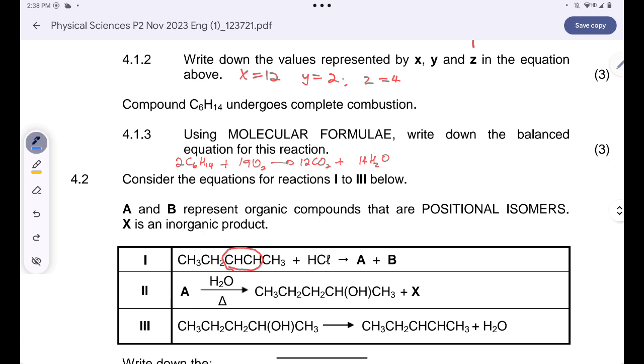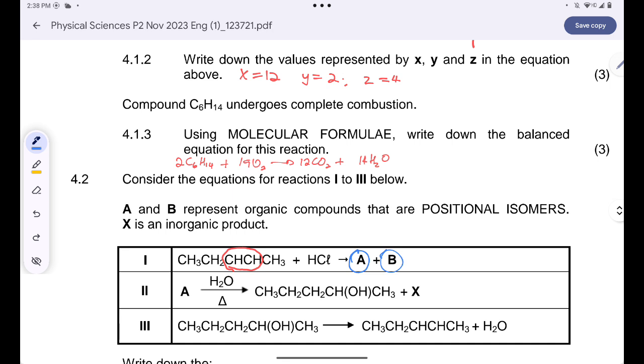I have an alkene plus my hydrochloric acid. Okay, this is an addition reaction. Are you together? I will have 2 products, which simply means I'll have a minor product and a major product. Are we together?